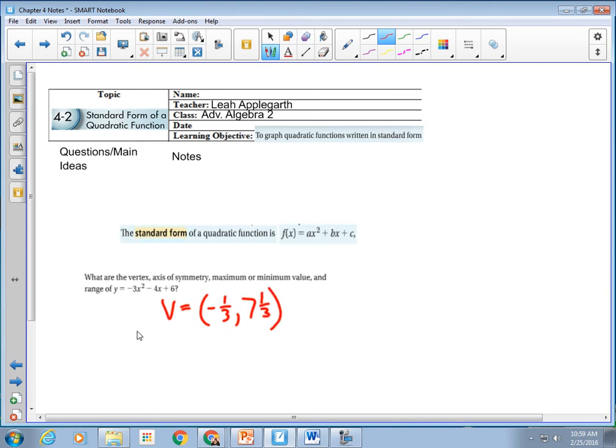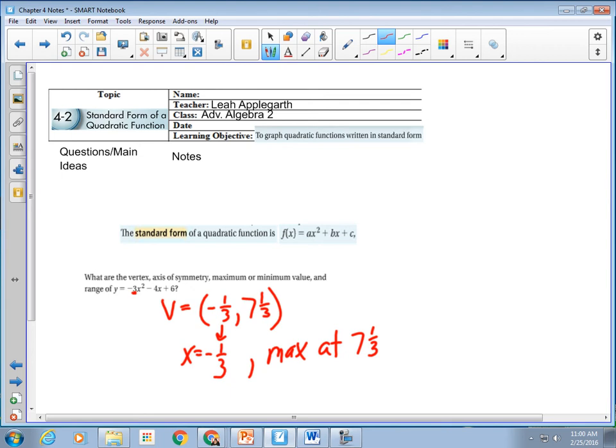Our axis of symmetry is at x equals negative 1/3. Do we have a maximum or minimum? In this case, since we are facing down, we have a maximum value at 7 1/3. When you list your maximum value, that is the y coordinate of your vertex if you're facing down.